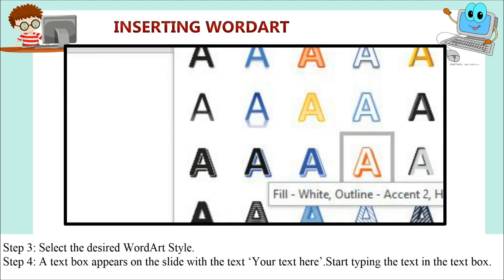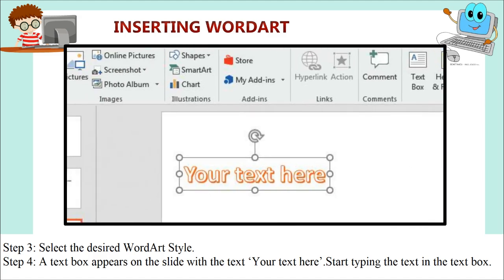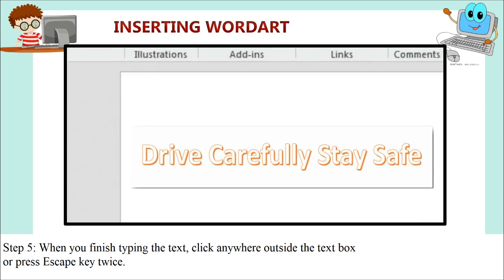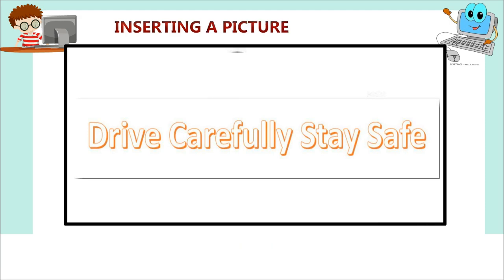Step 3. Select the desired word art style. Step 4. A text box appears on the slide with the text, Your text here. Start typing the text in the text box. Step 5. When you finish typing the text, click anywhere outside the text box or press Escape key twice.